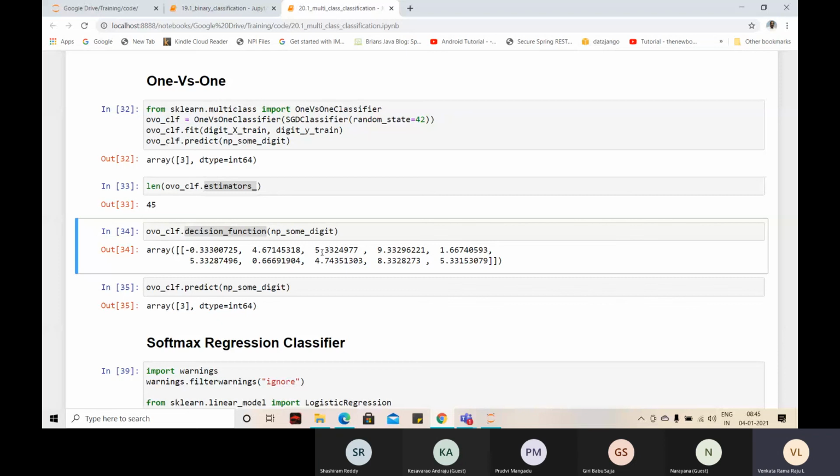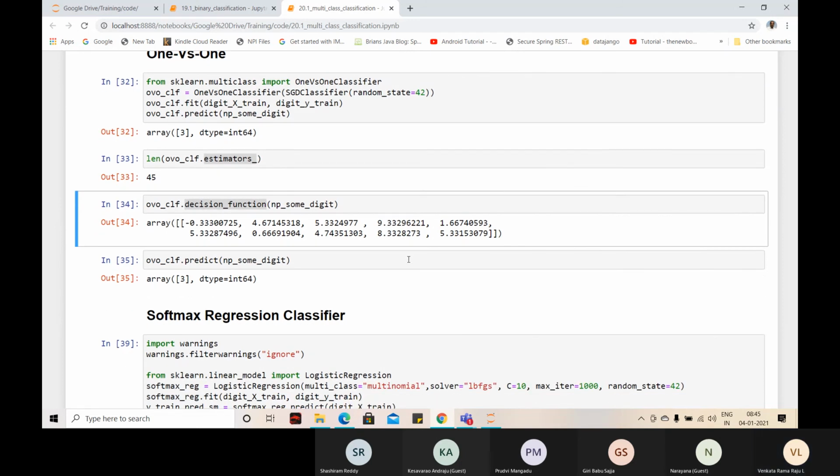One positive value is definitely going to be there. I think my statement was right. Previously I said that there may be a positive value. When it is multi-class, my statement was right. When it is binary class, my statement was wrong. For a binary class classifier, the decision function value is going to be either negative or positive. But for multi-class, there can be more positive values like this.